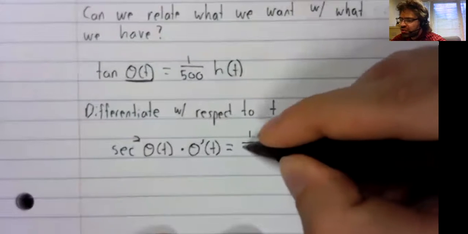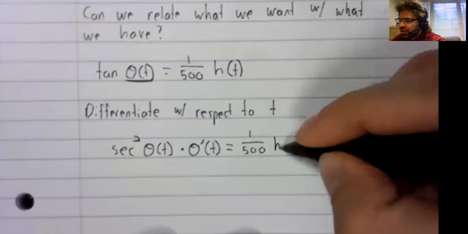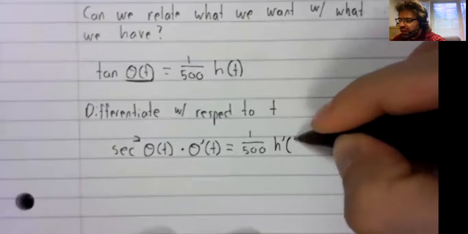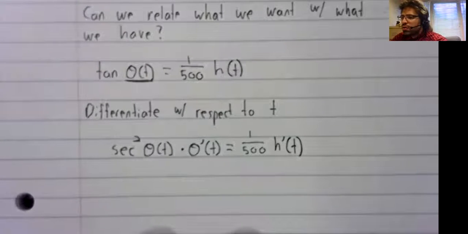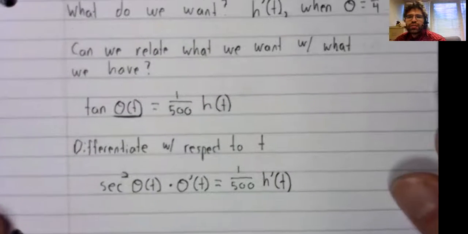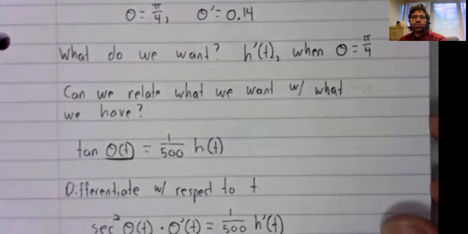Here, this constant just sticks around. We don't know what the derivative of h is. That's precisely what we want to find out.